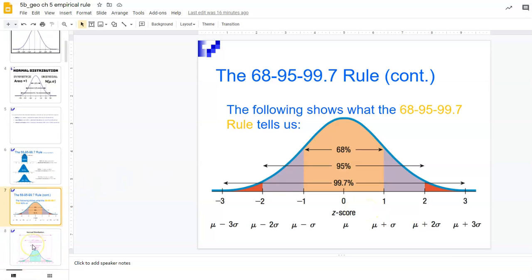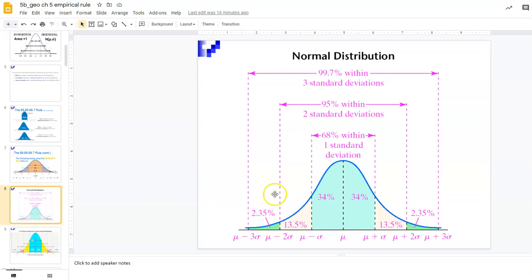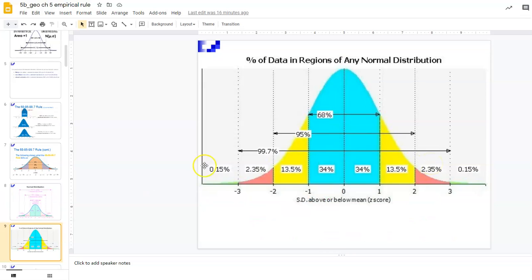For example, here you see that this aqua blue color here is 68% of the values, but if you divide that into two parts, you get 34 and 34. So you get 34% on each side.